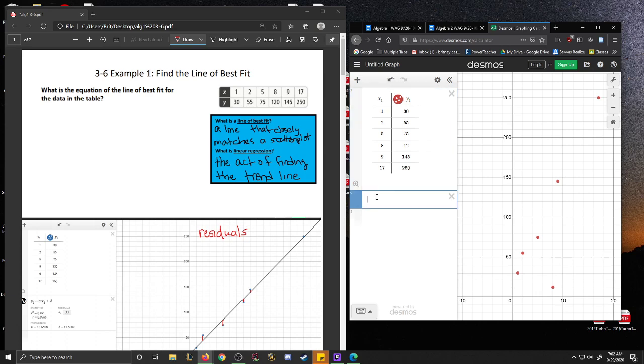You just go to the next box, and this is what you type in. You hit y and then 1, and then you need this tilde. You get this from holding down Shift and hitting the button next to 1. This is just the equation in slope-intercept form.